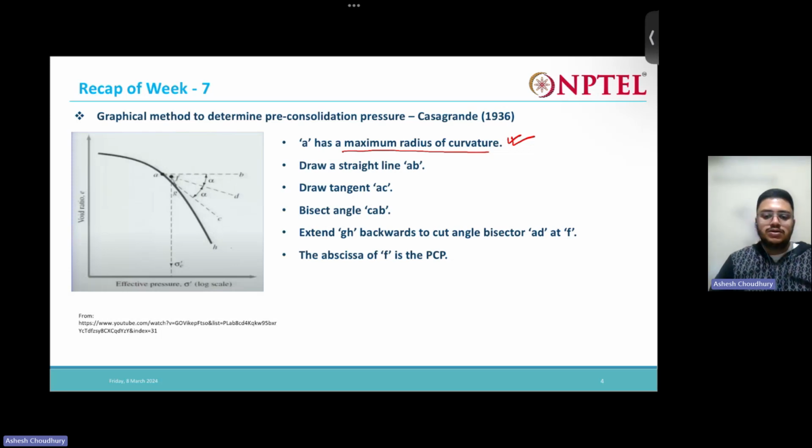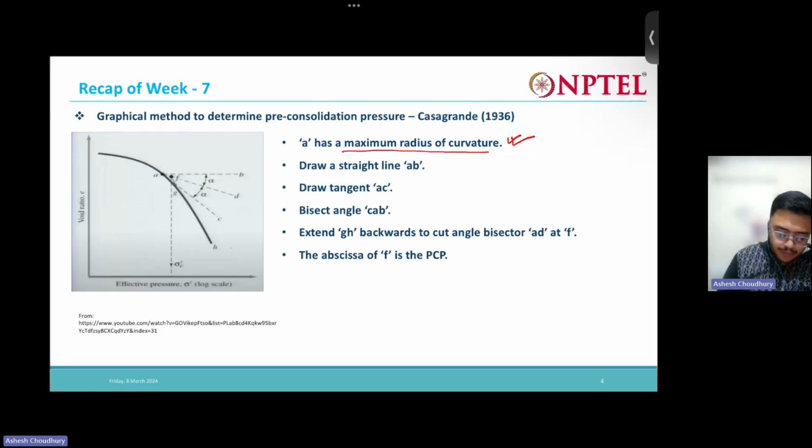From here we identified the point A as the point having the maximum radius of curvature.